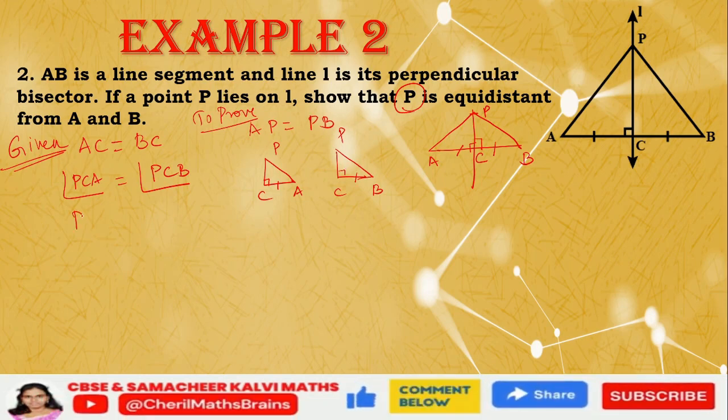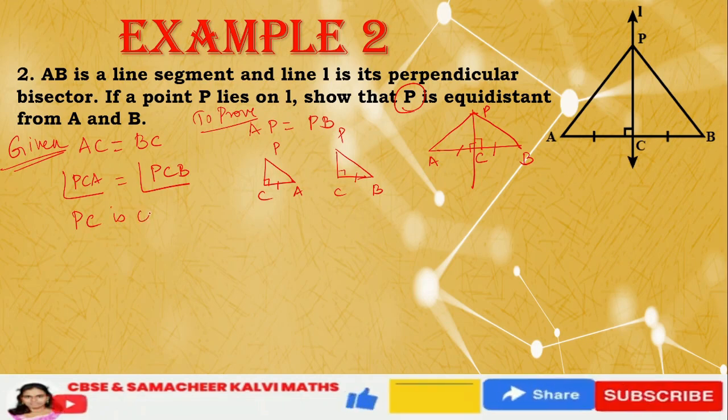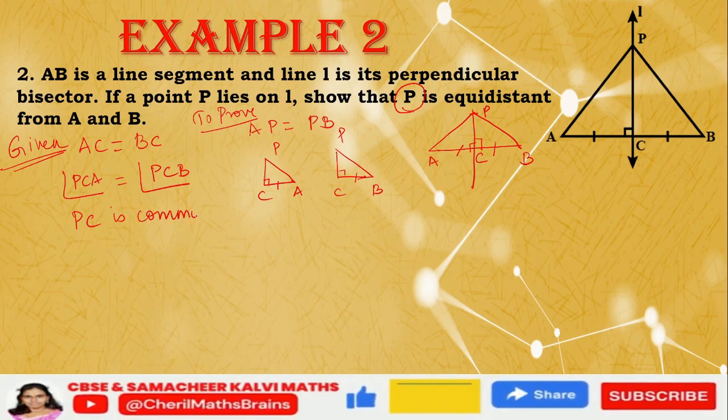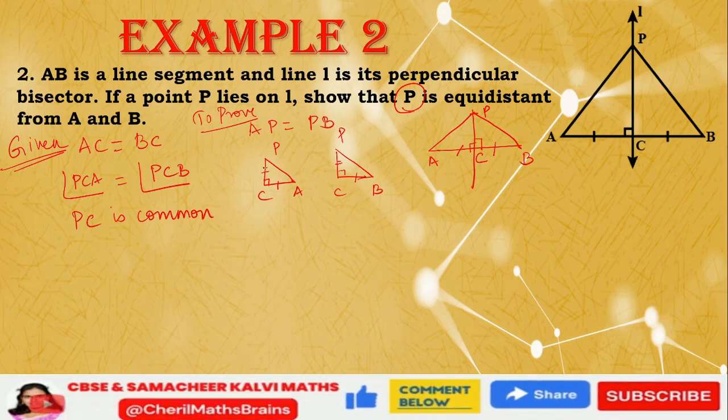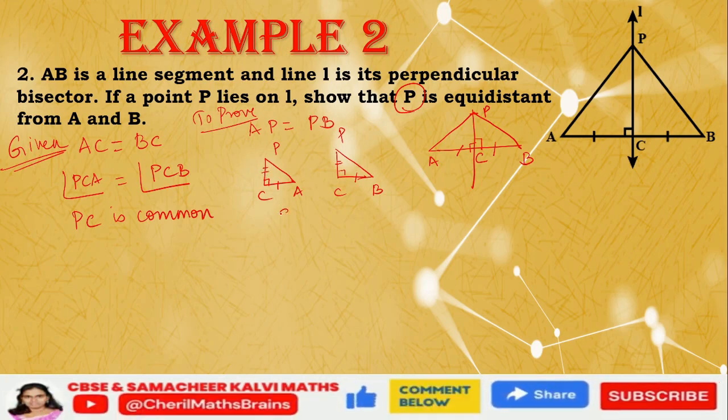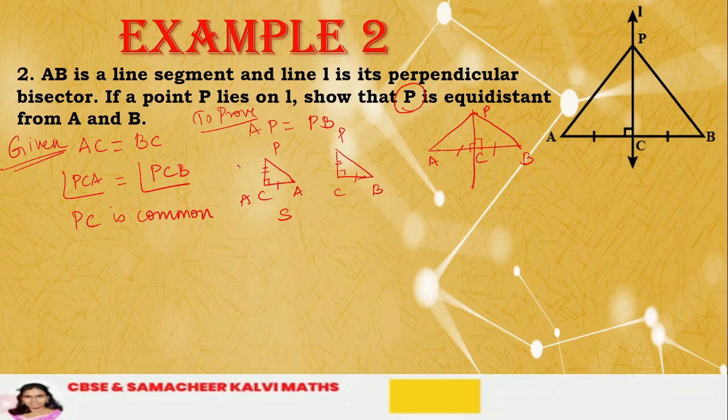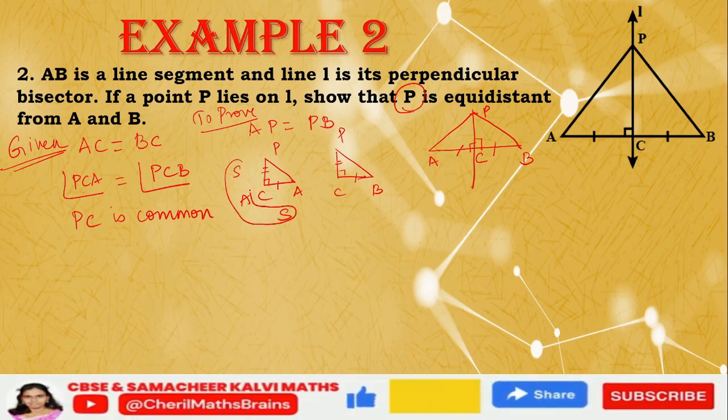So PC is common, that means PC is equal to PC. Here what do we see now? We see side, angle, side. Side, angle, side means we can say that these two triangles are congruent. Is it clear, children?